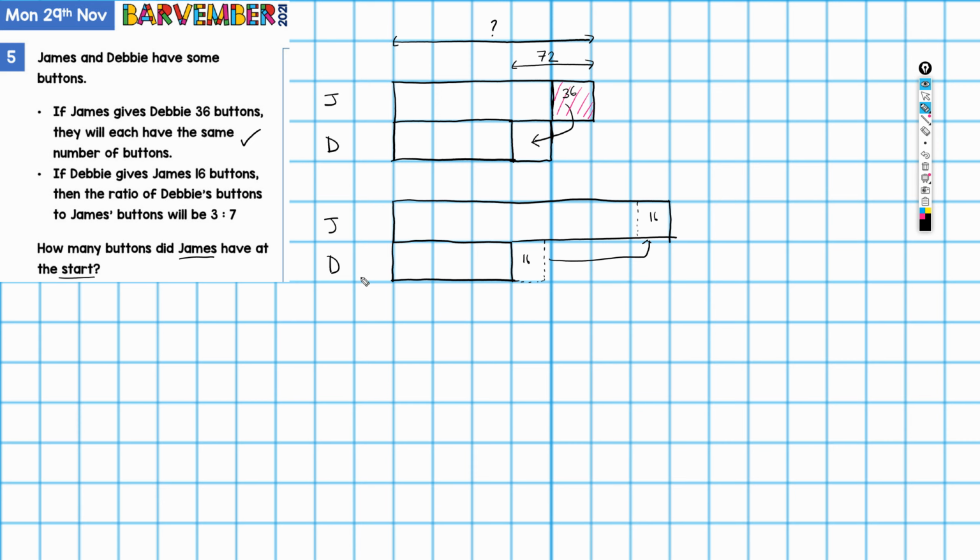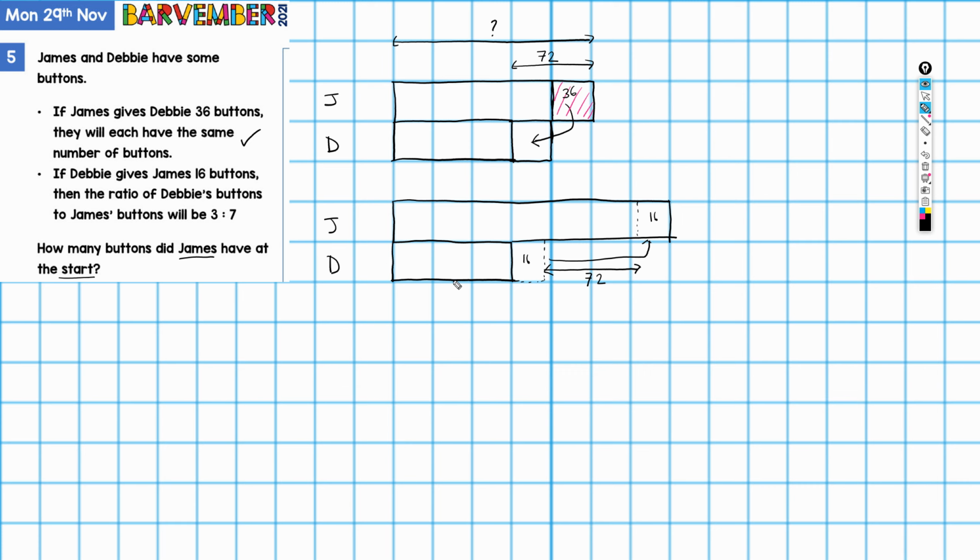Well, if Debbie doesn't give 16 buttons to James, then she would have up to here, okay? And before James acquires these 16, he has up to there. So we know that the difference here is 72, which means that we can calculate.